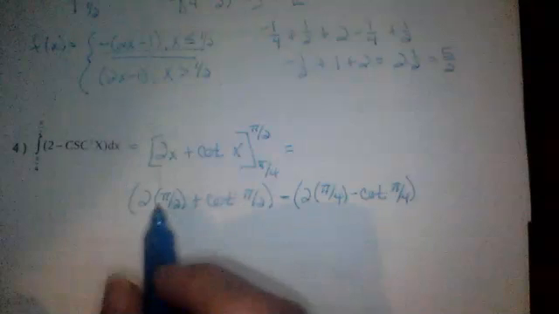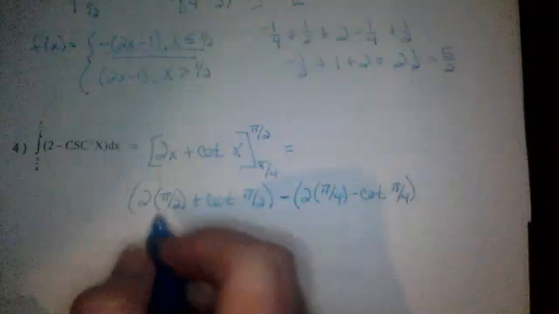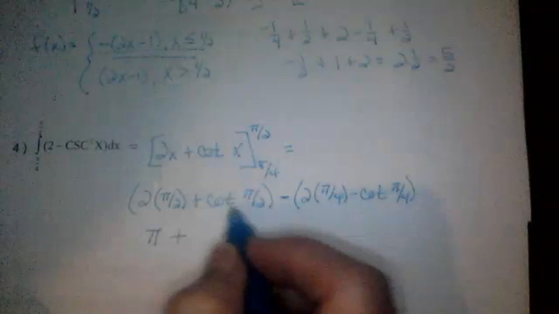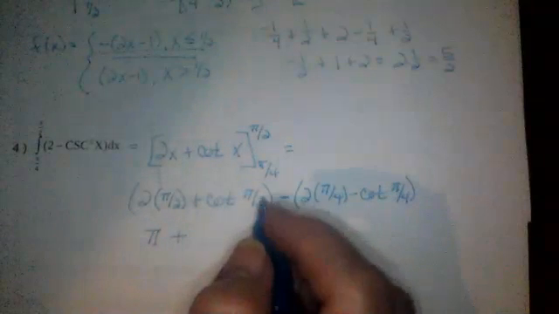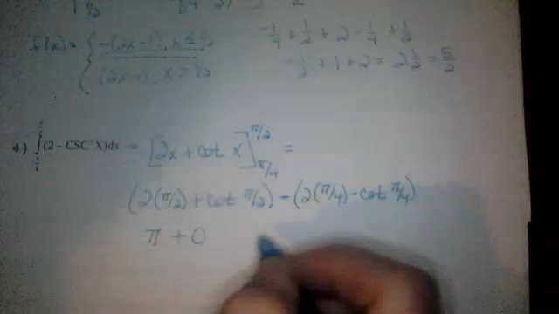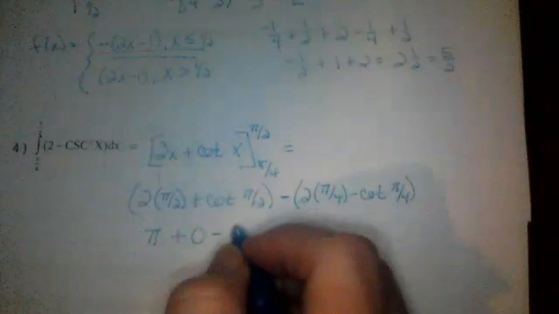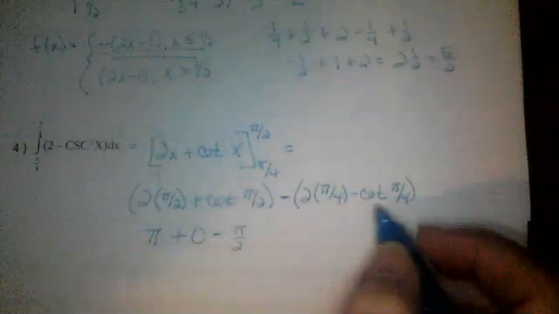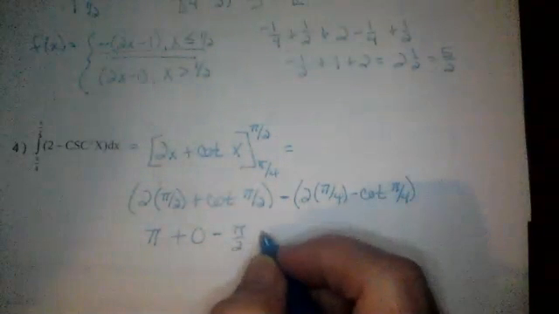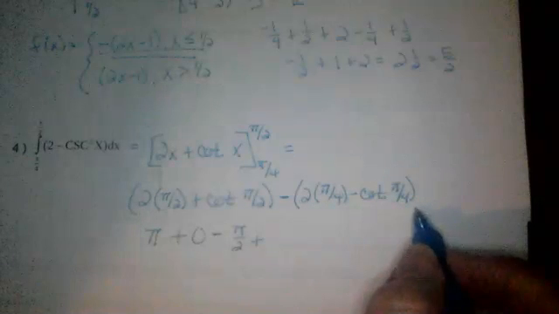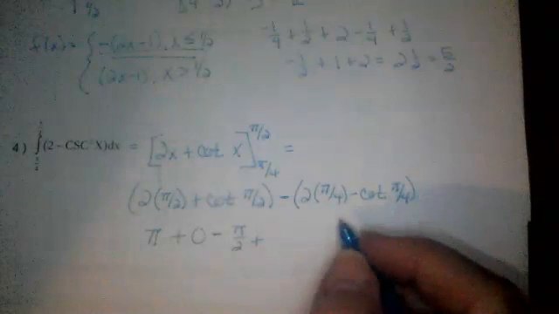So 2 times pi halves is just pi, plus cotangent at pi halves is 0, minus 2 pi fourths is just pi halves, and then minus, well, it's minus a negative, so plus cotangent of pi fourths, which is 1.